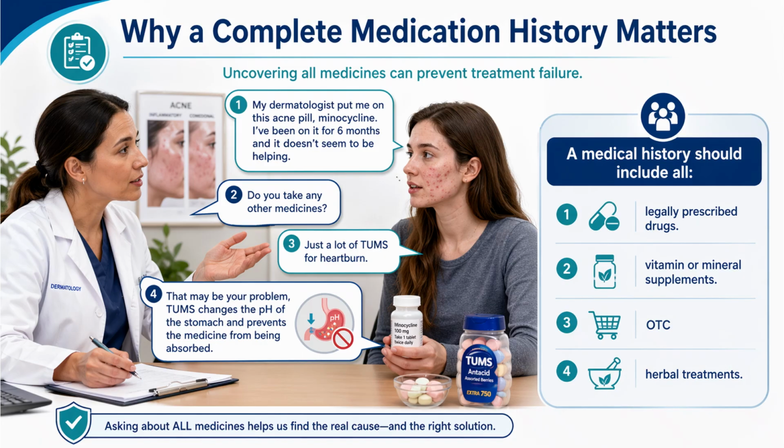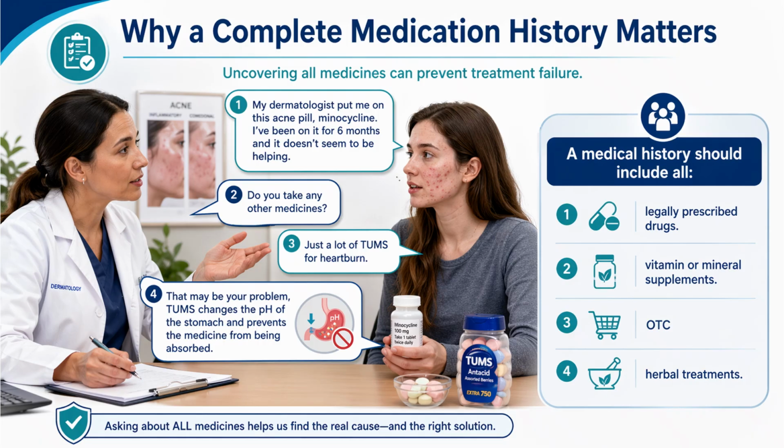So let's make this idea practical. Let's take, for instance, minocycline, an acne medication. A patient comes in and says, hey, I've been using this acne medication for months, and it doesn't seem to be helping.